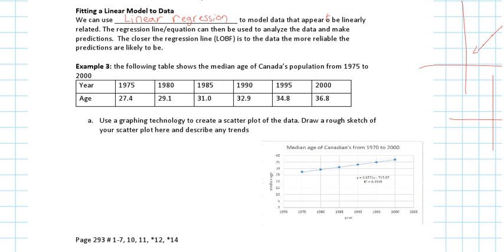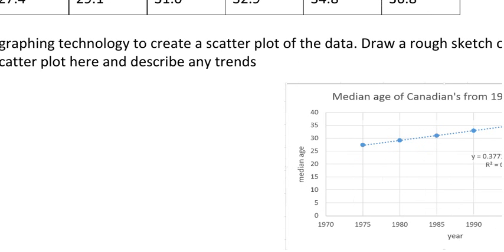So use the graphing technology to create a scatter plot of the data, draw a rough sketch of your scatter plot here, and describe any trend. So what can you tell me about this? It's linear, right? It's almost perfectly linear. Okay.